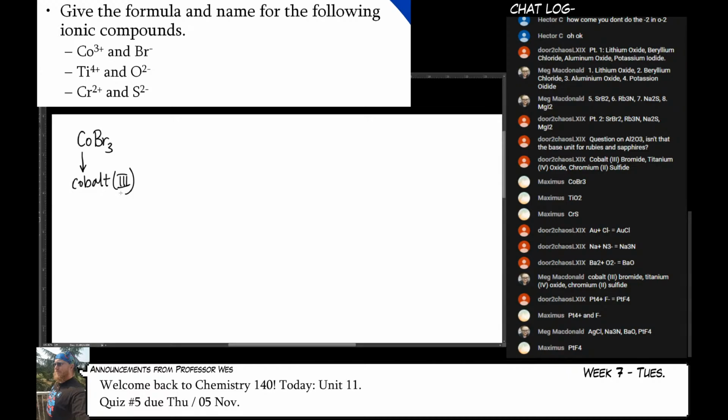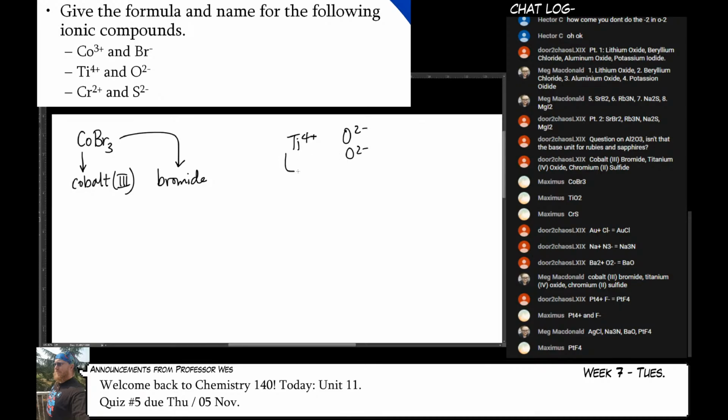Since cobalt had a 3+ charge, we'll call it cobalt(III). And this part would be just bromide. For titanium(IV) and then oxide, I'm going to actually write this one out here.